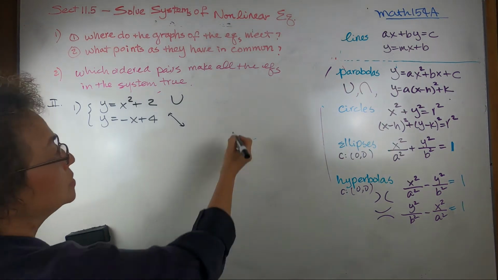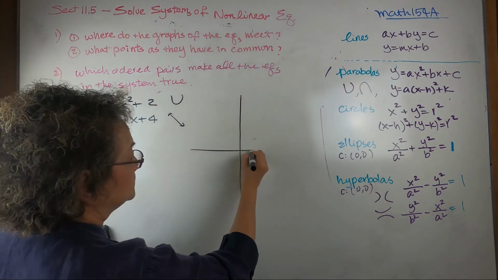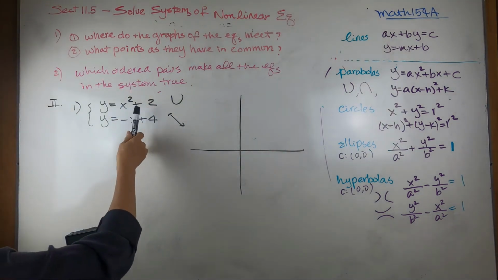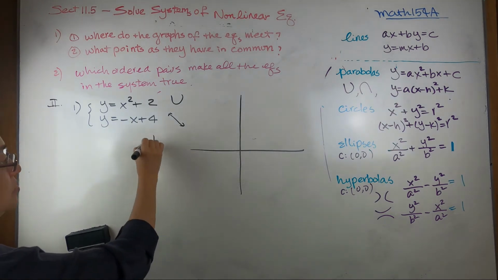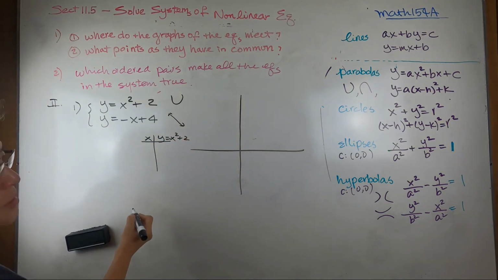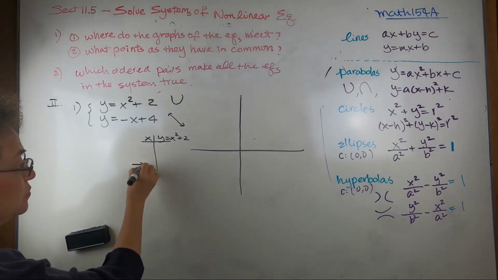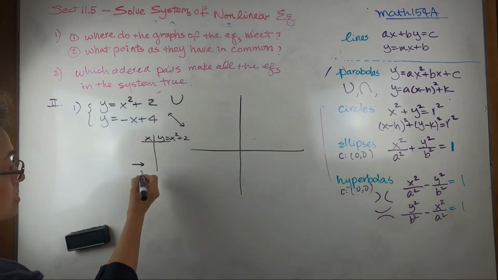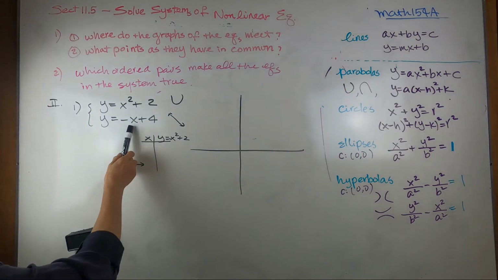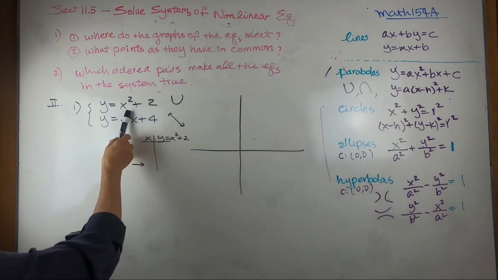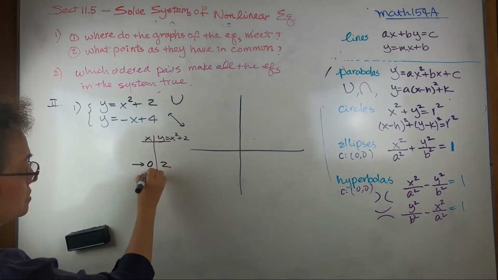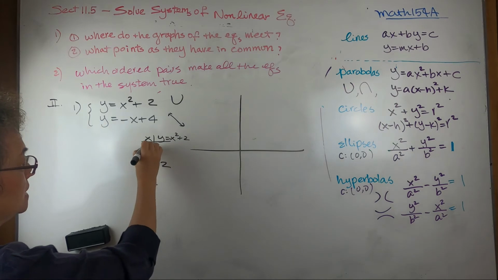So we graph them first. For the first one, you use a t-table, x and y, y equals x squared plus 2. For a parabola, you have to put the vertex in the middle. So which number should you use? Like vertex form, we didn't move the center, right? So from 0, 0. You start from 0, plug in, so you do 1, 2, negative 1, negative 2.